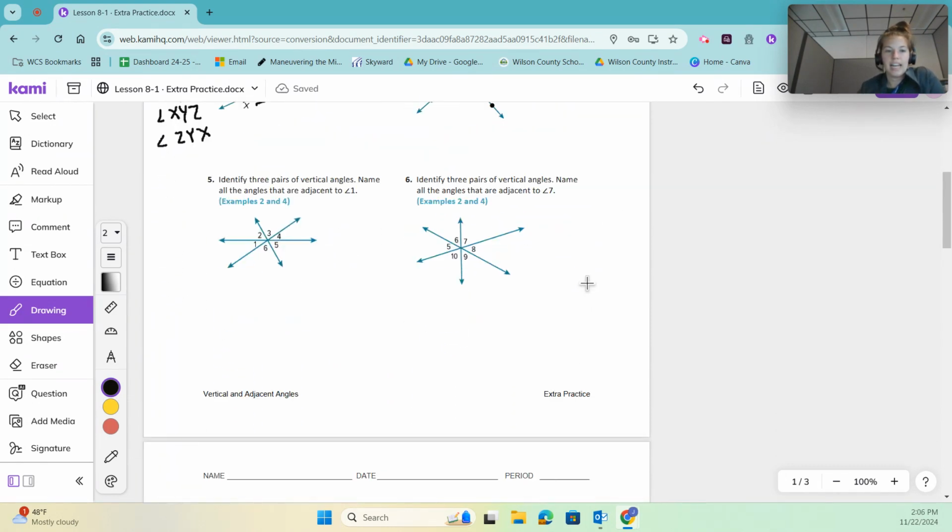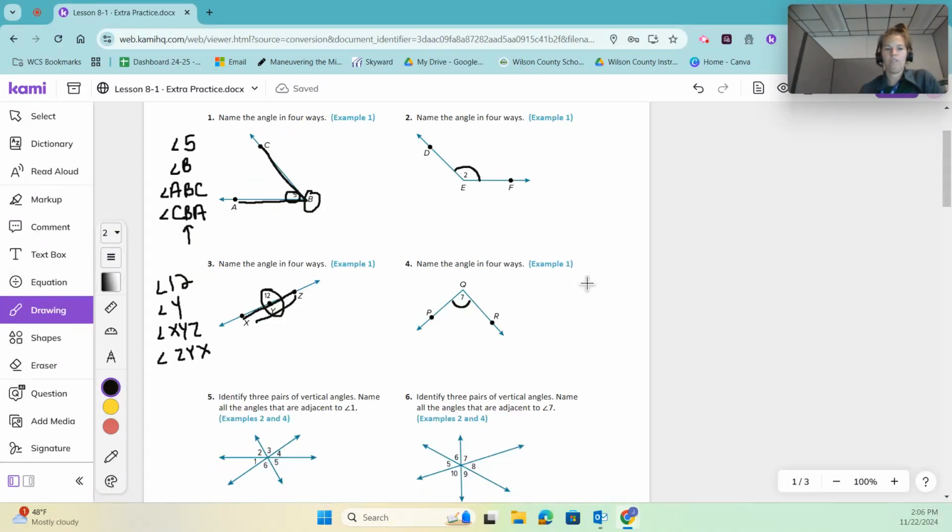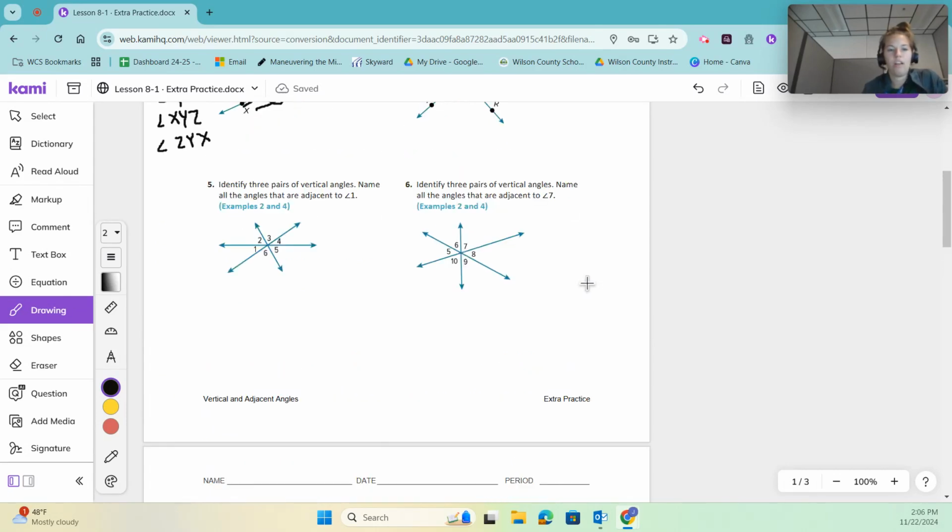All right. Now let's talk about vertical and adjacent angles. Vertical angles are directly across from one another through the vertex. The vertex is this very center point that all of the angles share. They come together right there.